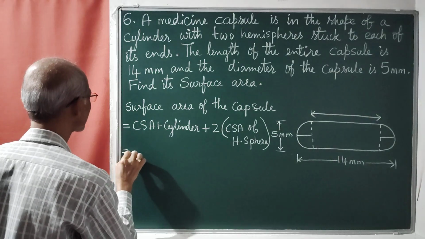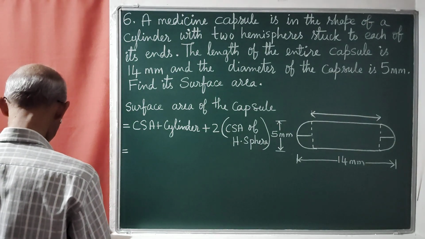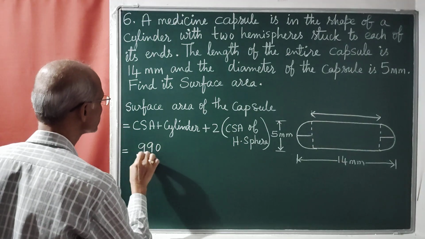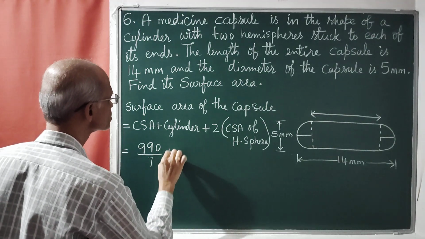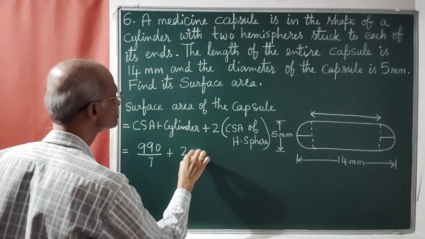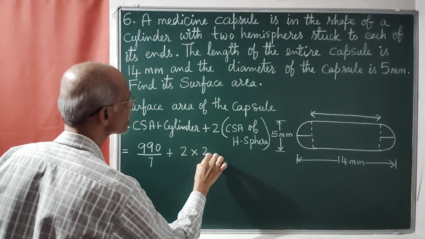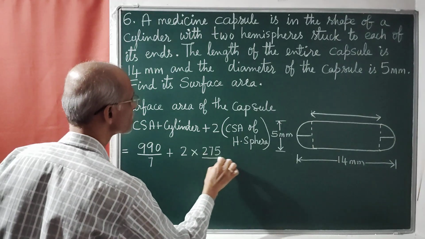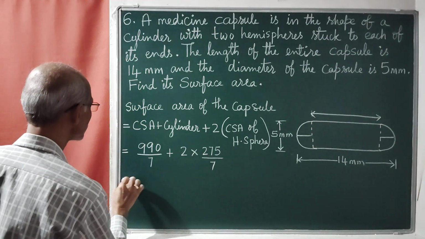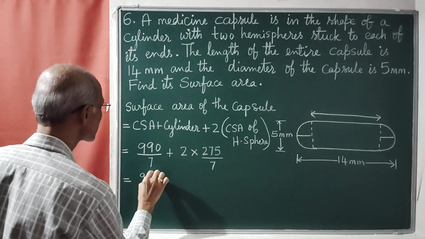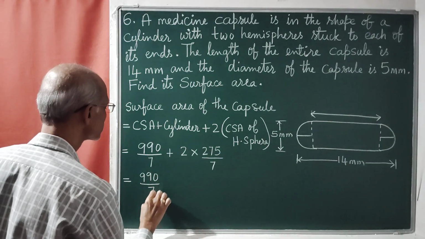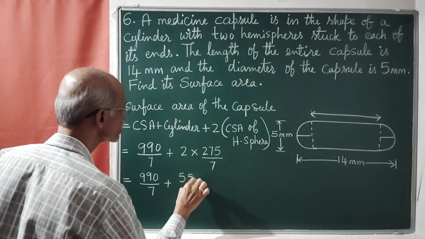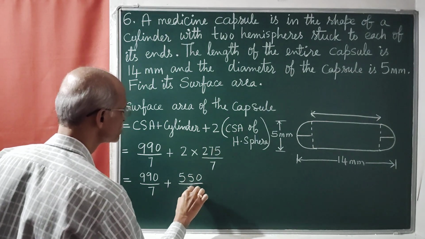So CSA of cylinder was 990 by 7 plus 2 into 275 by 7. That's equal to 990 by 7 plus 550 by 7.